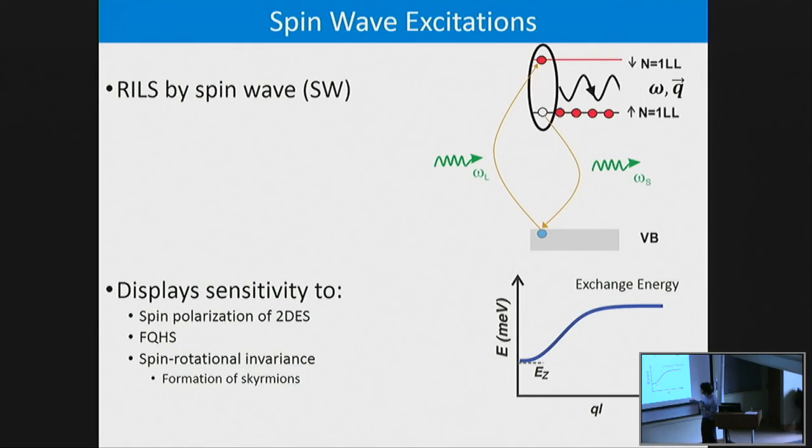Typically we will use it either to probe the Zeeman or the exchange energy, and thanks to the difference in the resonances, we're able to distinguish between one mode and the other when we're looking at cross-polarized resonant inelastic light scattering.